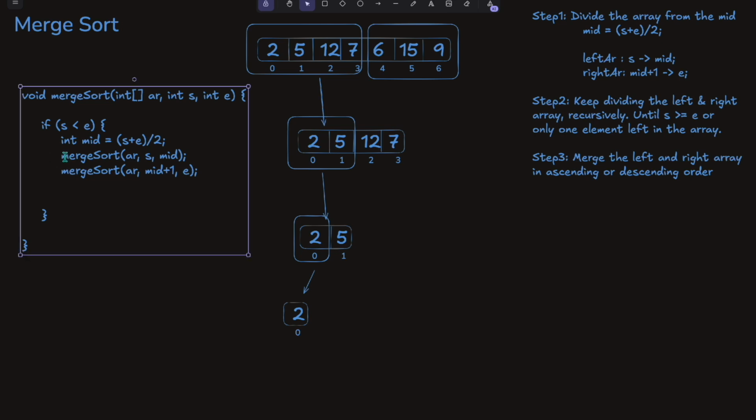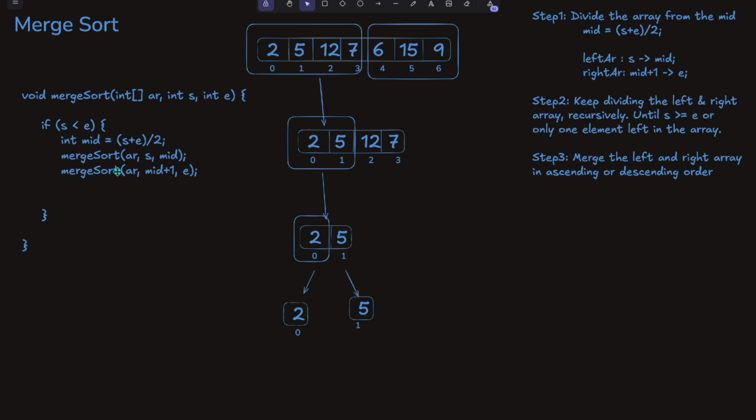It will return something, or because we are not returning anything, it will come here and try to divide the next right portion of the array, which is mid plus 1 and e, which is nothing but 1. Since there is only one element, let me place it here.